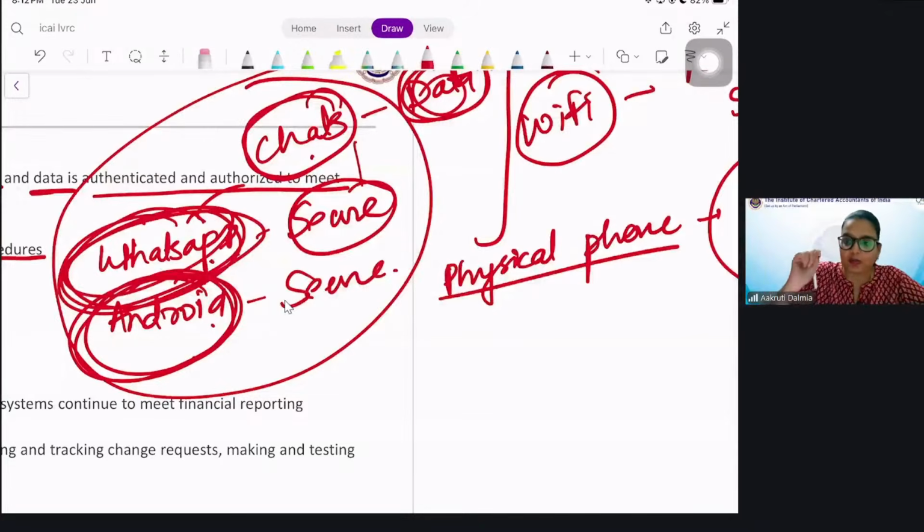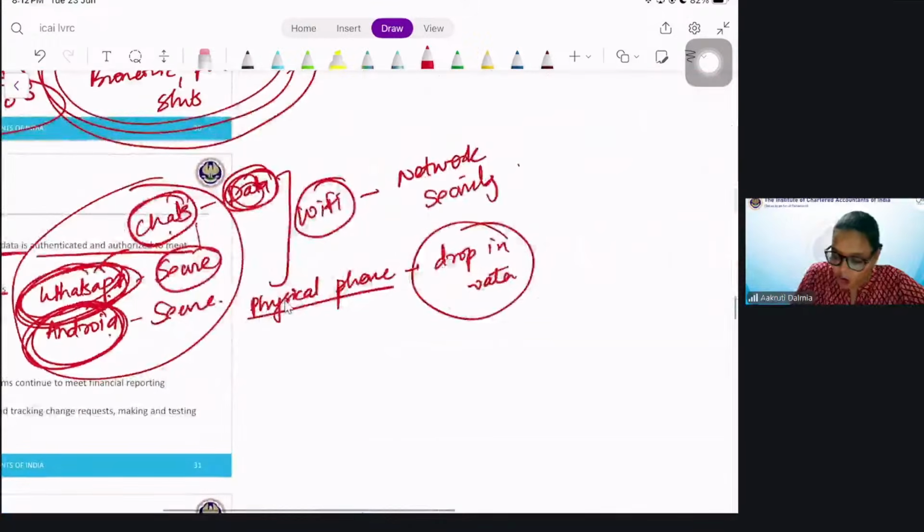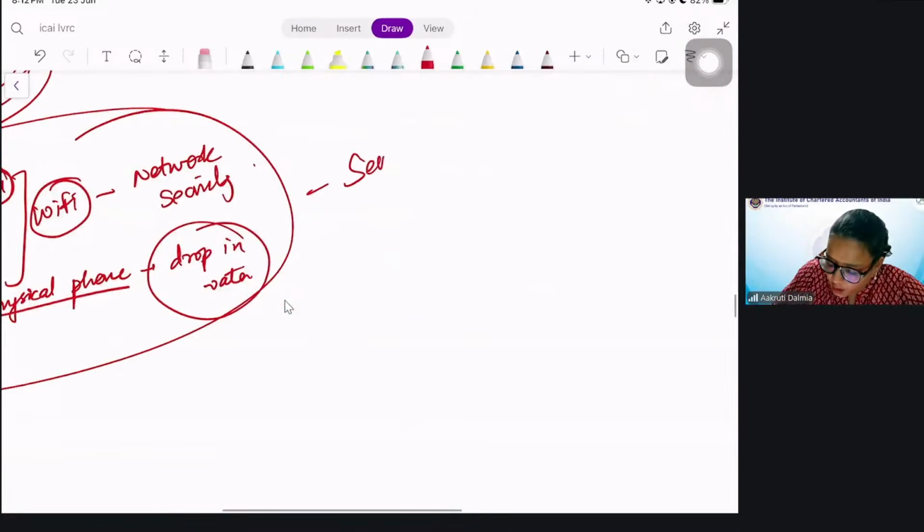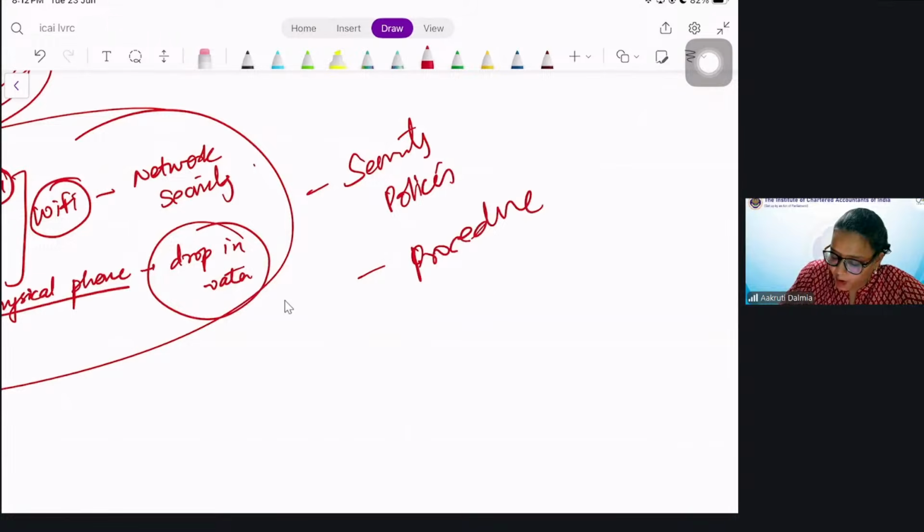That application should be secure. In WhatsApp, you are exchanging chats. Your data should be secure. And to keep all of this secure, you should have proper security policy, proper procedure, and proper management. Can you remember the answer now?